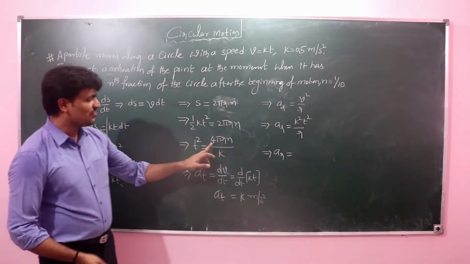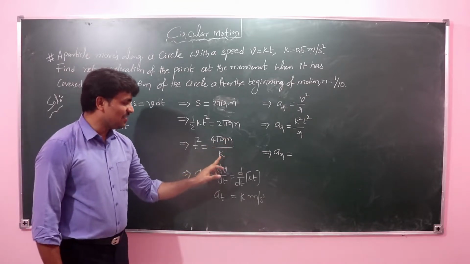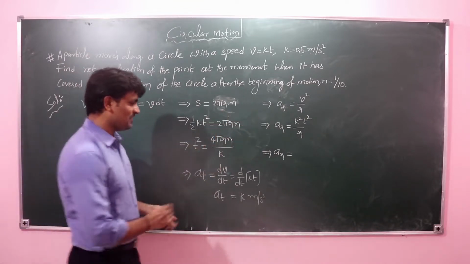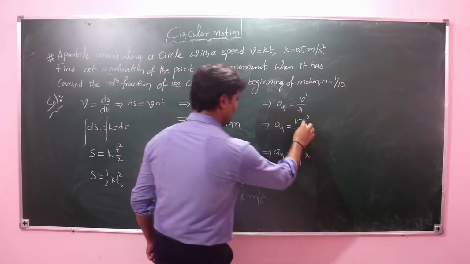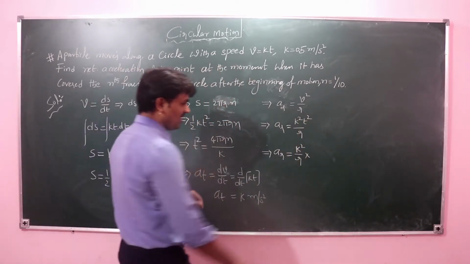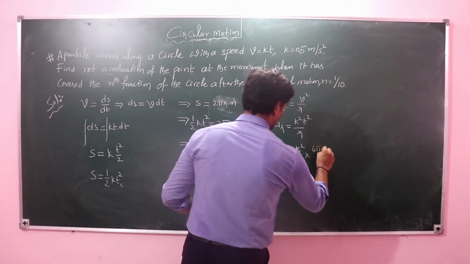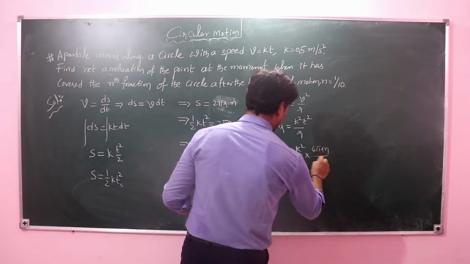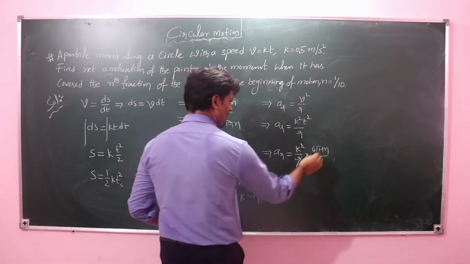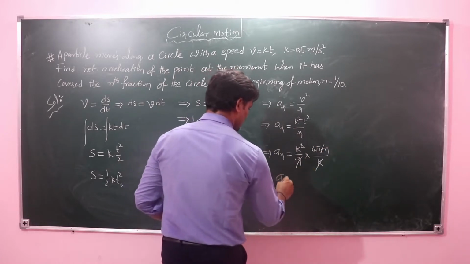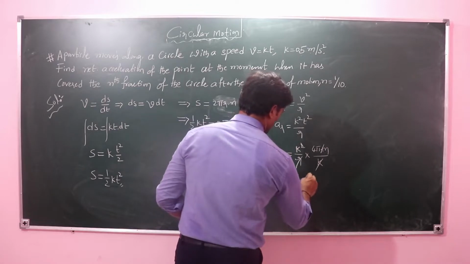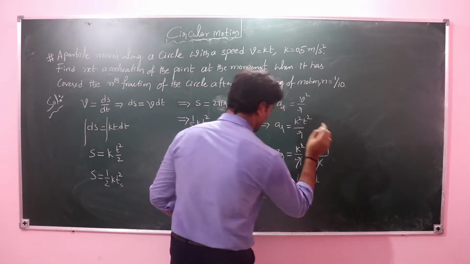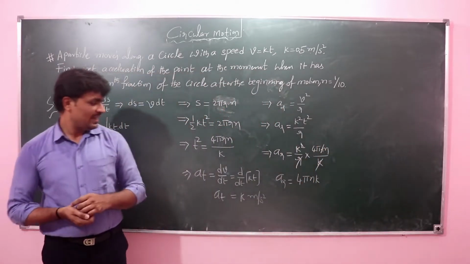The value of t square is 4 pi r n by k. So k square by r into 4 pi r n upon k. k cancels, r also cancels. Then the value of ar is 4 pi n k.